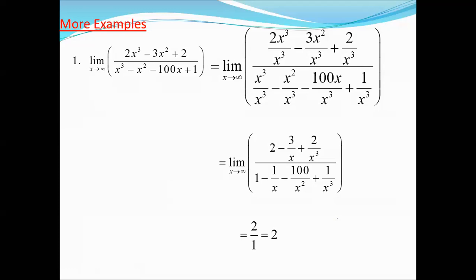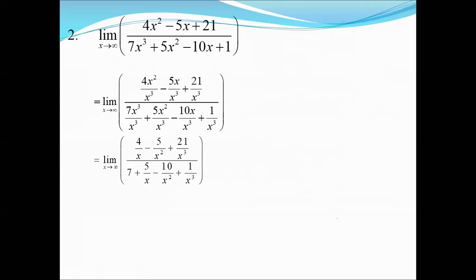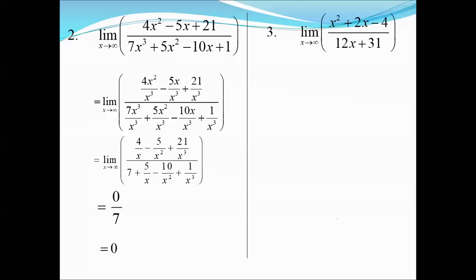All the other terms vanish, so the result is 2. Again, next example. Again, divide by x cube and simplify. In the numerator, every term tends to 0. In the denominator, 7 plus terms that tend to 0. So 0 by 7 means 0. Again, next example.